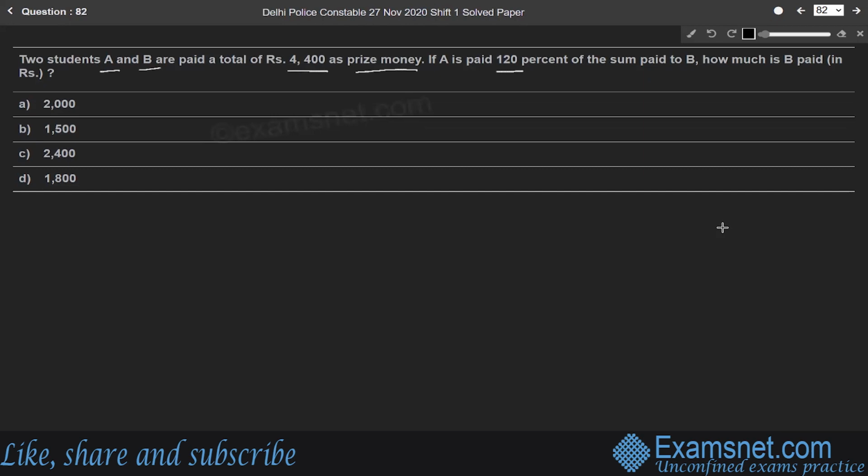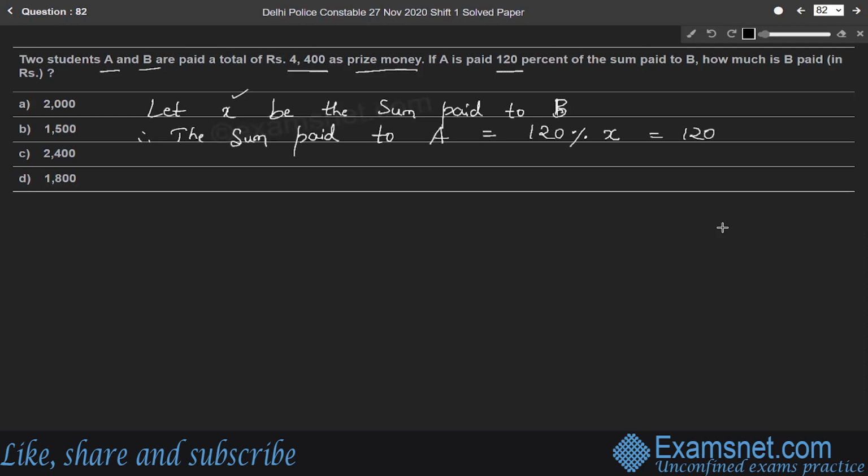So here, let X be the sum paid to B. Therefore, the sum paid to A is equal to 120% of the sum paid to B. That is 120% of X, right? So what is 120% of X? 120 by 100 into X.